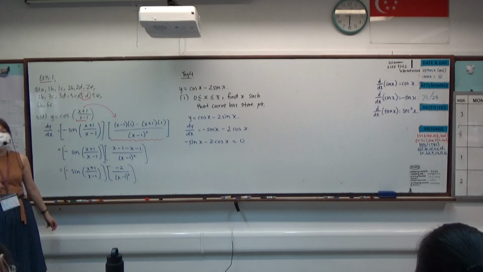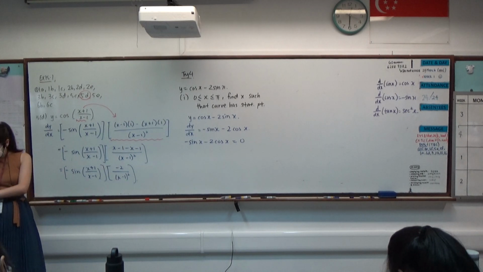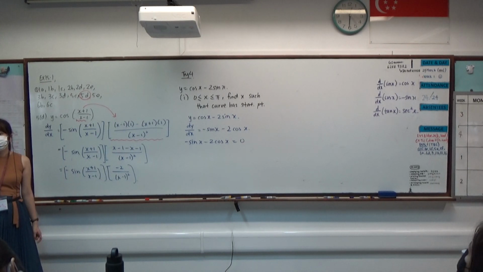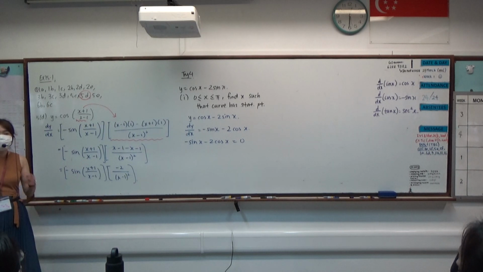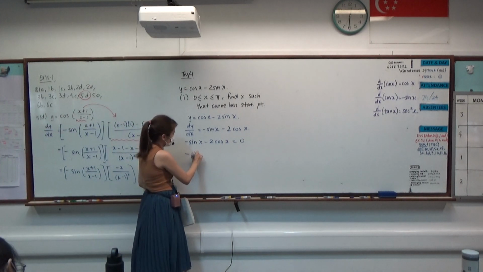And we want to find the value of x. This is where your Trigo skills need to come back in. So how to solve a Trigo equation? What must we do first? Divide by cosine. Everybody suggests dividing the whole thing by cosine.